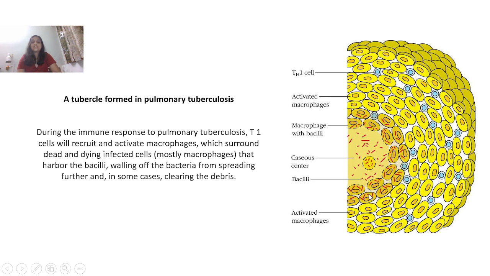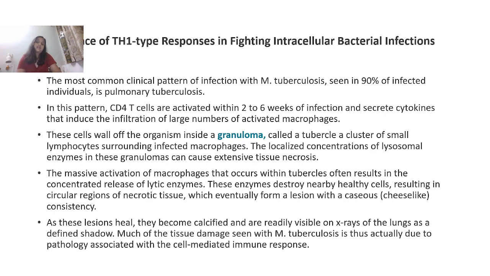Here the bacilli have entered the macrophages and other macrophages come and surround them, preventing the bacteria from spreading further into different zones. These macrophages secrete many lytic enzymes which destroy the bacteria as well as the cell, and you can understand the lung gets damaged and you can see it on X-ray. So this Th1 response is mainly helping in fighting the intracellular bacterial infection.